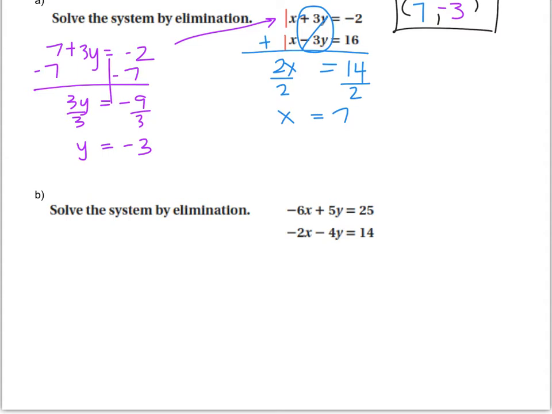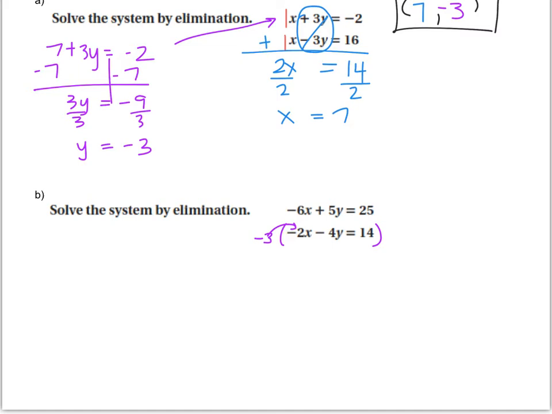This is kind of just where the thinking comes in. You say to yourself, how could I make either the x's turn into the same number or the y's turn into the same number? If you multiply this bottom equation by negative 3, then when you distribute, that will turn into a positive 6. So you have to think about what number you need to make it opposite.